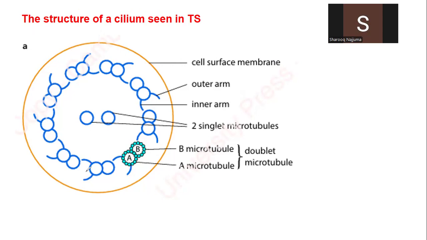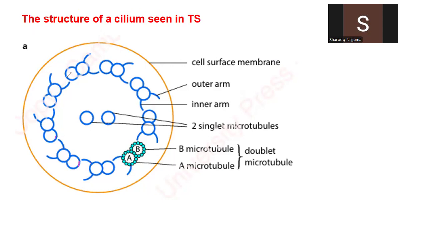For the cilium to beat, they make use of these arms. These arms on this microtubule have to touch this other microtubule. This arm will touch this one, this will touch this one, this will touch this one, and as a result, all the forces of the different arms touching and moving along the microtubule bring about the beating and movement in cilia.